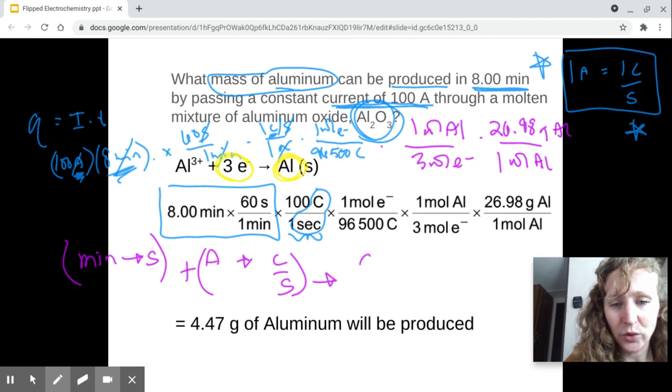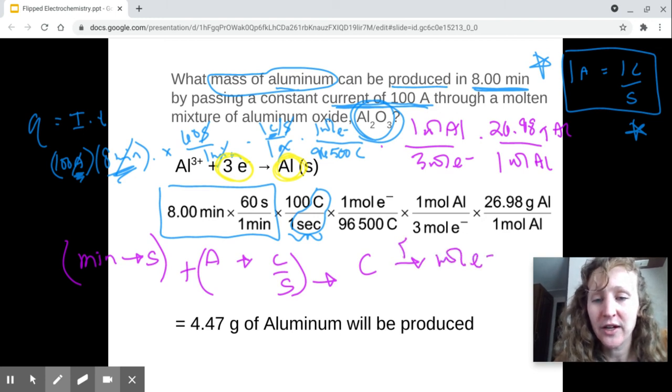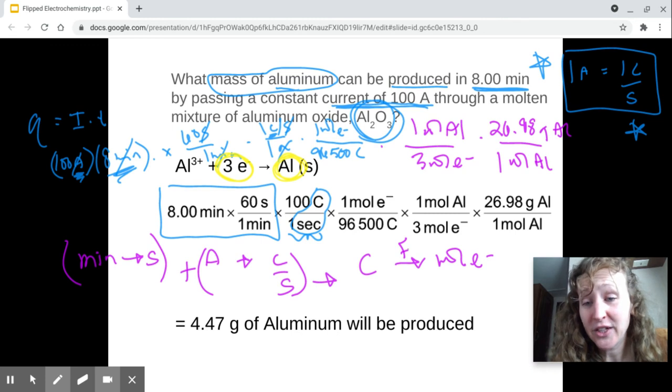got us into coulombs. From coulombs, we can get into moles of electrons using Faraday's constant. From moles of electrons, we can get into moles of our atom using the reaction. And from moles of our atom, we can get into mass using the periodic table.